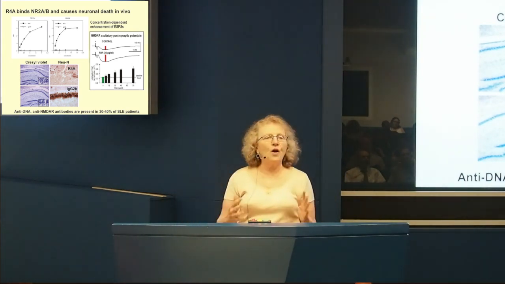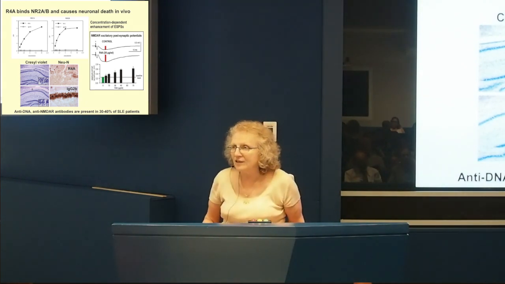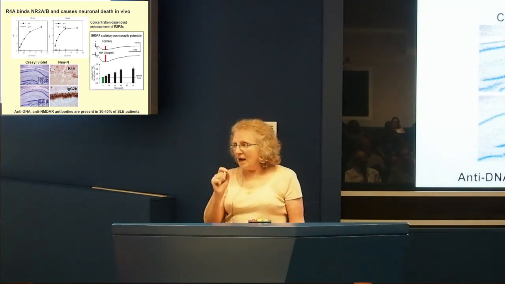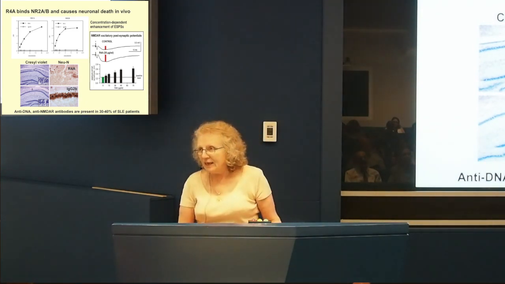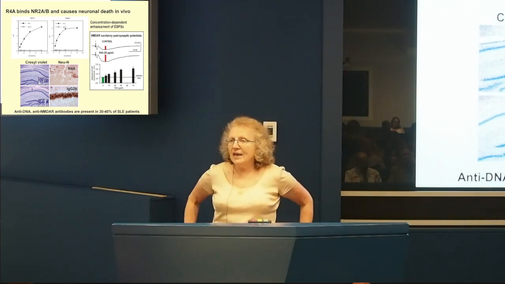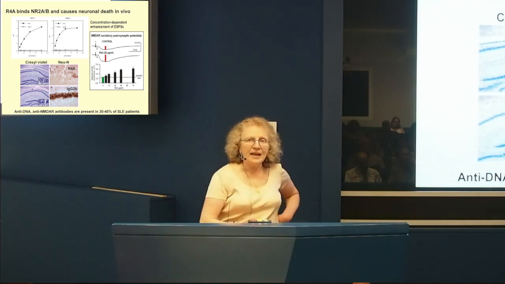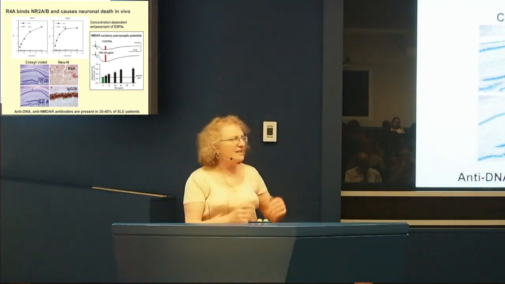Essentially all patients with lupus have antibodies to nuclear antigens, and the most commonly identified nuclear antigen is double-stranded DNA. Over 70% of lupus patients have antibodies to double-stranded DNA, and they're known to be pathogenic in the kidney and in the skin.